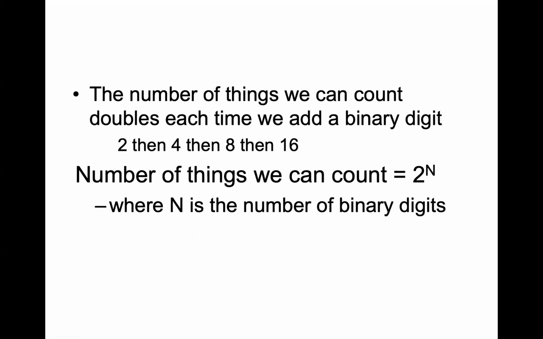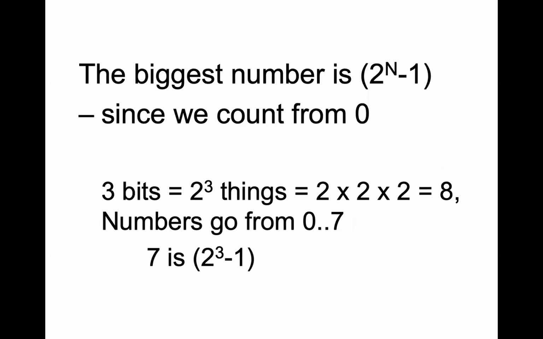Okay, so this is really basic and fundamental stuff, and you really need to internalize this and treat it as something that's just understood at all times, because when we're doing computer programming, we often have to understand this. The largest binary number we can represent given n binary digits is 2 to the n minus 1.